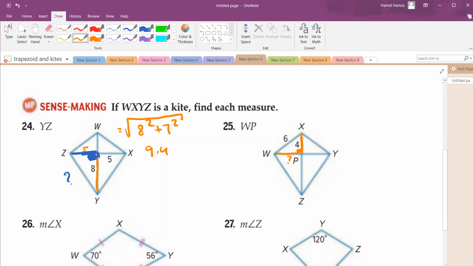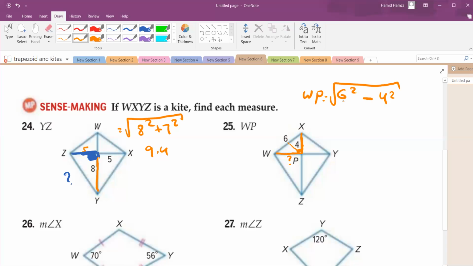The required one in this case is a leg or a hypotenuse? A leg, it is not the hypotenuse. The hypotenuse is 6, opposite to 90. So in this case, if one of the two legs is required, instead of using a plus, use minus: the square root of 6 squared minus 4 squared.